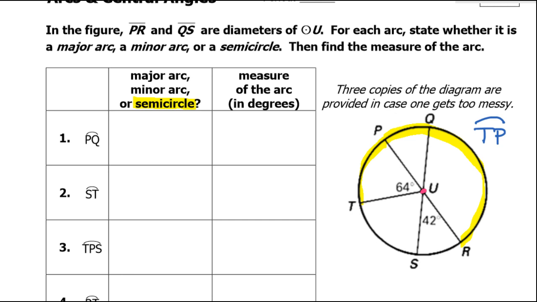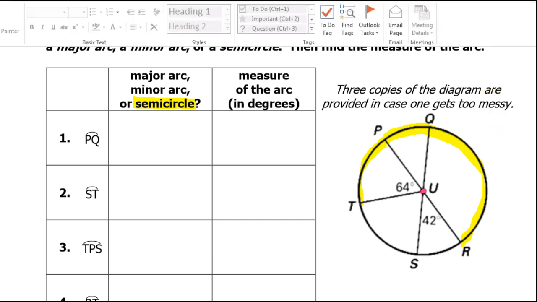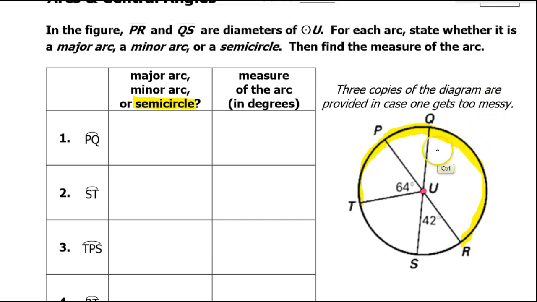So for example, if I wanted everyone to look at the arc that I just highlighted in yellow, I might say, hey everybody, look at arc TQR. Or the same arc could have been called TPR.